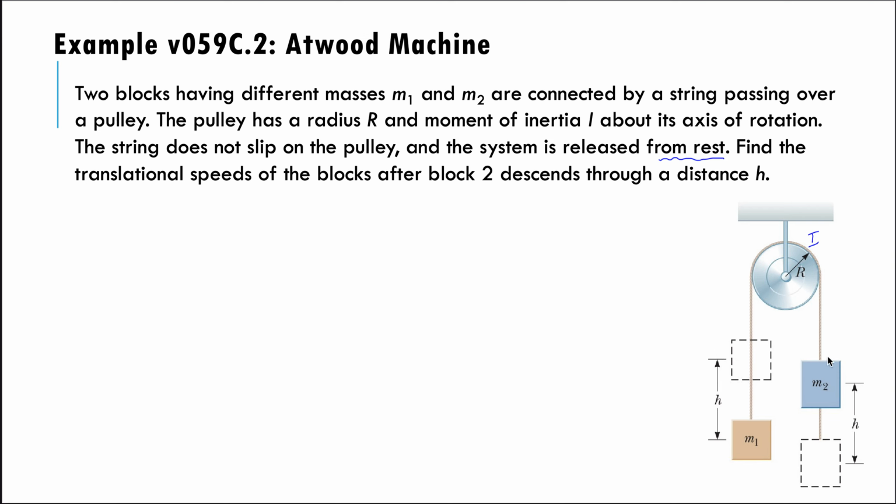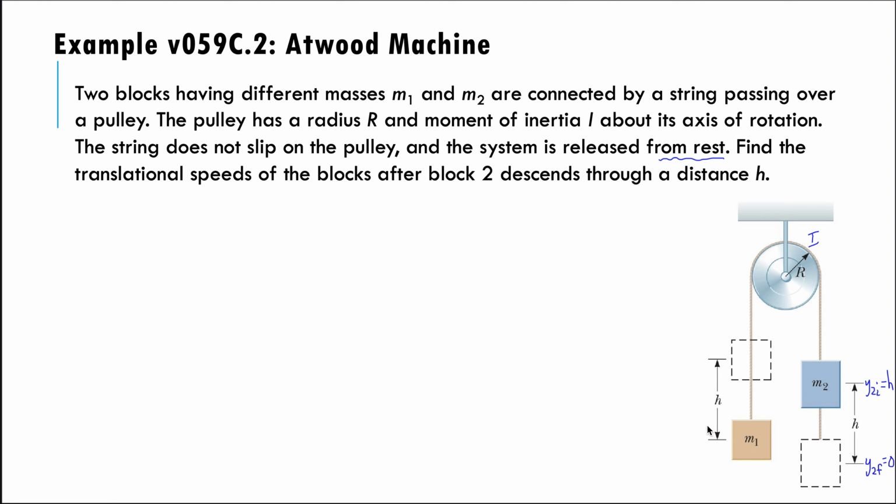You don't have to have just one zero level. So, for instance, for m2, its lowest position is down here. So that can be y2 final, and that can be the zero level for mass 2. And then the initial position, y2 initial, is just going to be the height relative to that reference level, which is h.